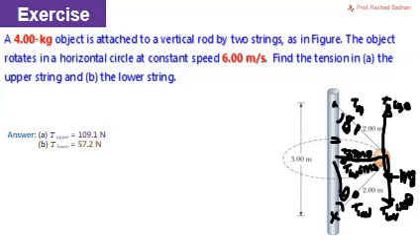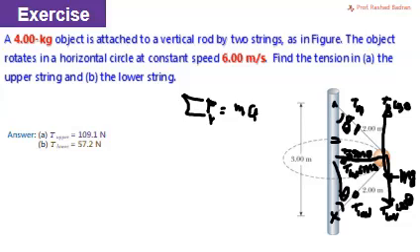And for the horizontal one, we have the summation of the forces on the radius R equals m a_R.